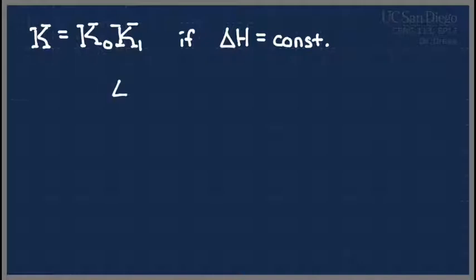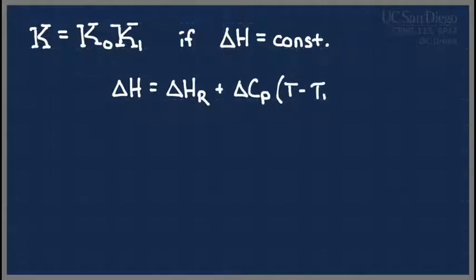What we have just learned, though, is that delta H in general is equal to the enthalpy of reaction plus delta Cp times T minus Tr. That's where that substitution came from in the previous expression.